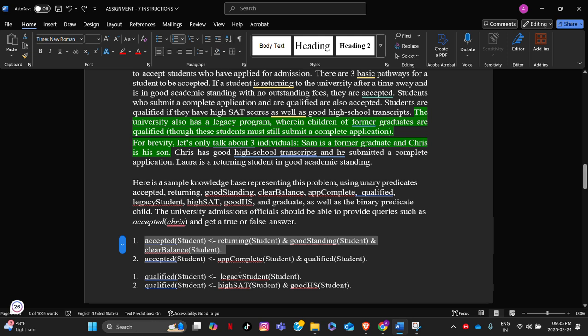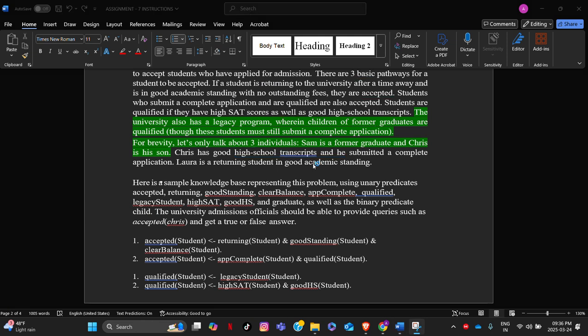And another rule means a student can be accepted if they finish their application and meet the qualification. To explain what makes a student qualified, I set up two rules.